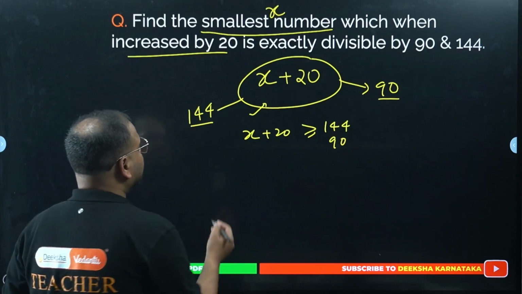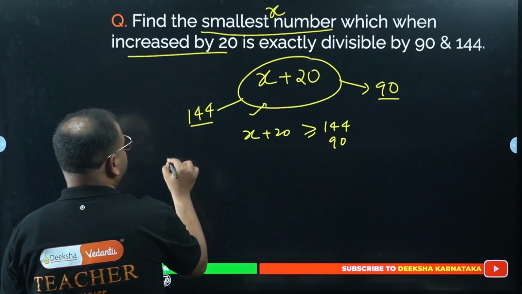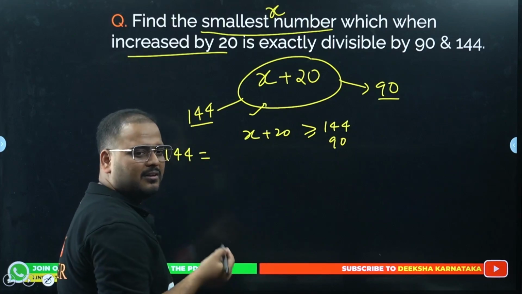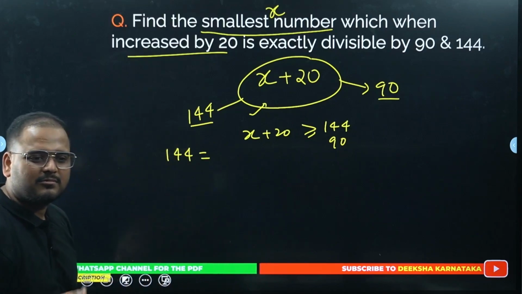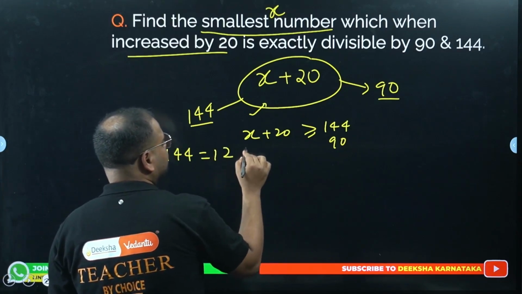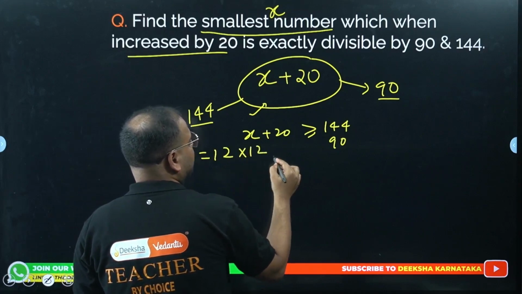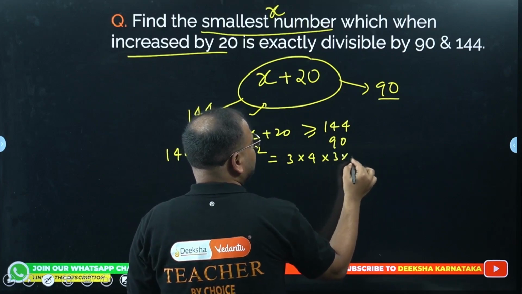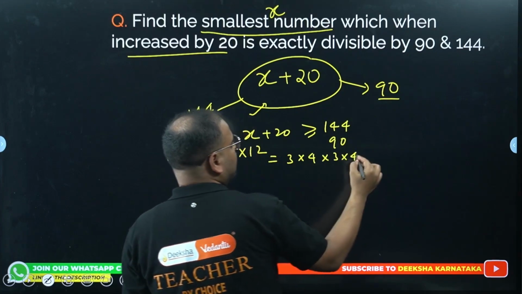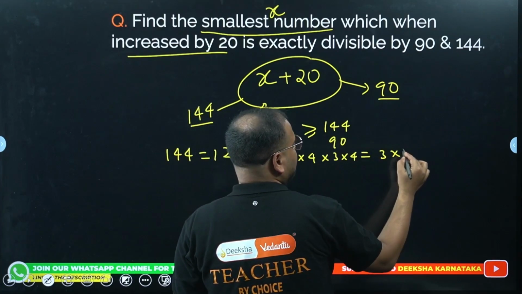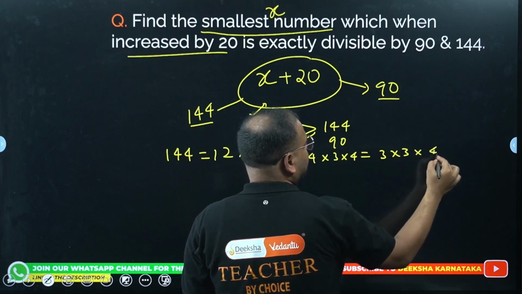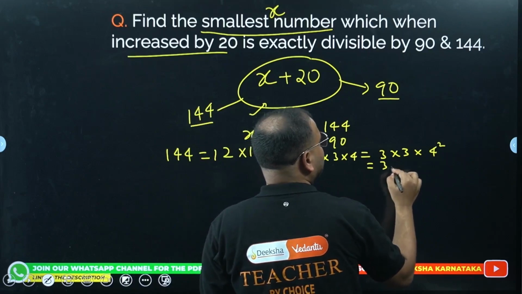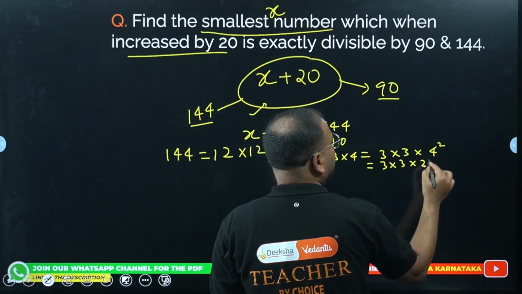LCM, no? To find LCM of 144 and 90, 144 will be written as, everybody knows this is square of 12. So can I do a shortcut? 12 times 12 can be written as 3 times 4 times 3 times 4, which is 3 square times 4 square. 4 square is 16, which is nothing but 2 power 4.